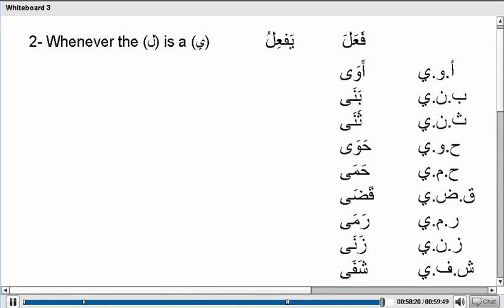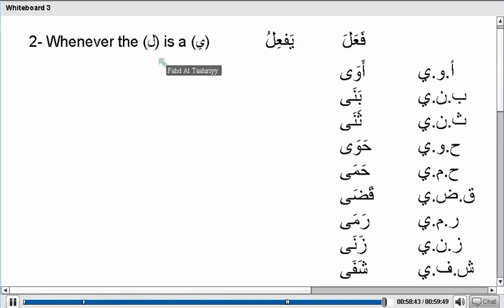Okay, that's it for today, inshallah. Next class, which is Sunday, we will continue doing the mudari' and we will mention to you a condition to this case.